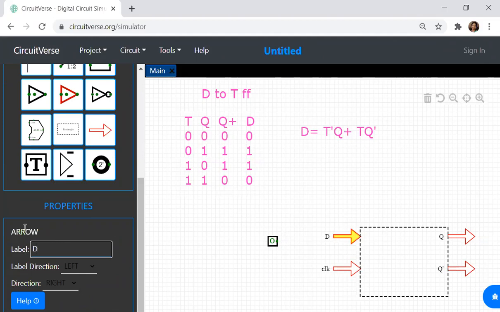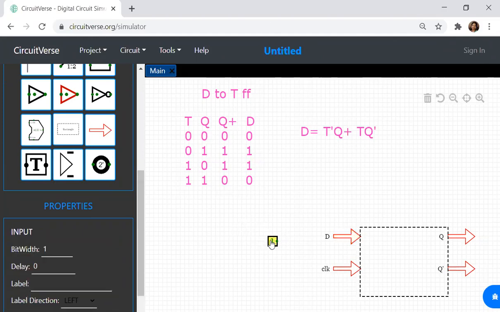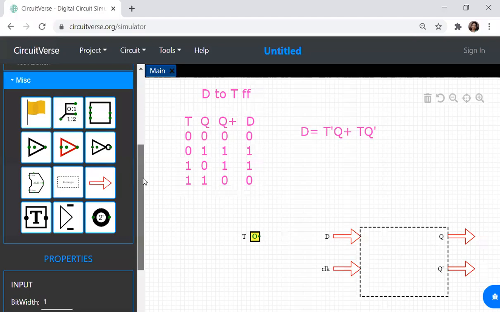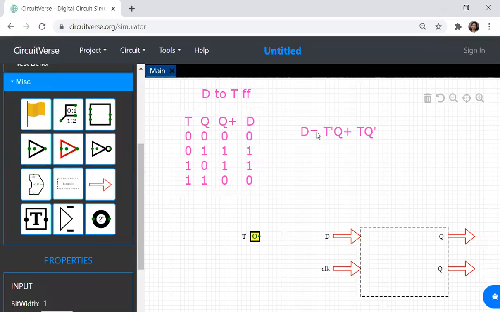So this input is nothing but T. What is the gate I require? I require an XOR gate. This expression is equal to D XOR Q. The simplified expression is also T XOR Q.